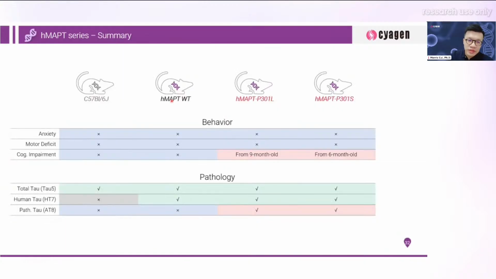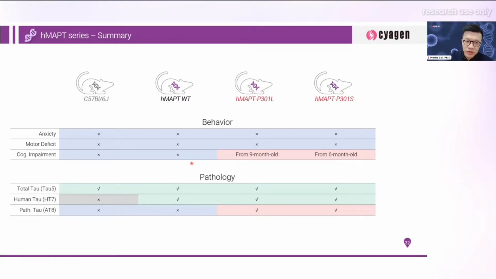To summarize this, on the behavior side, we didn't see any pathology in black 6 and HUGO wild type, indicating the normal functioning of the humanized MAPT gene in the mouse. We detected pathology on the behavior side in the P301L and P301S mutations at the respective time points, corroborating their pathological advance in human patients.